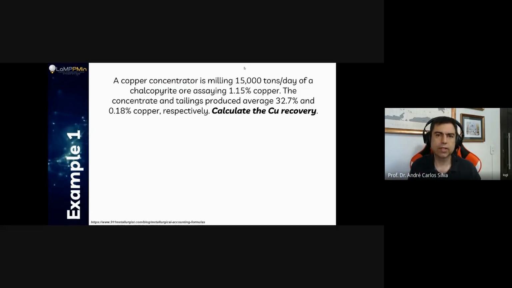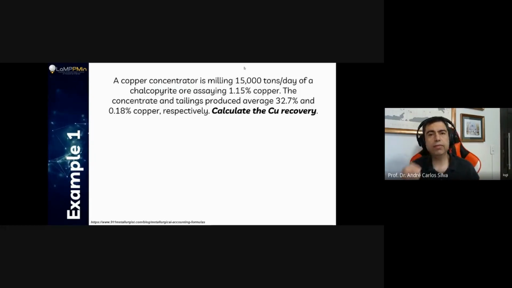Let's consider flotation for a while. So I'm going to deliver 15,000 tons per hour to a flotation plant, and what's going to come out of that is written in the sequence. I'm going to be adding my chalcopyrite at a grade of 1.15%, and I'm going to be able to produce a copper concentrate with 32.7% of copper.